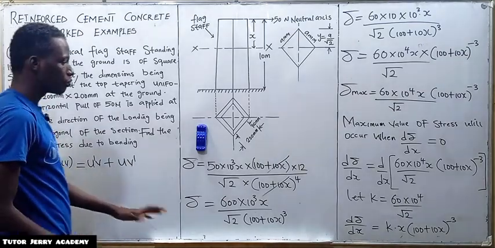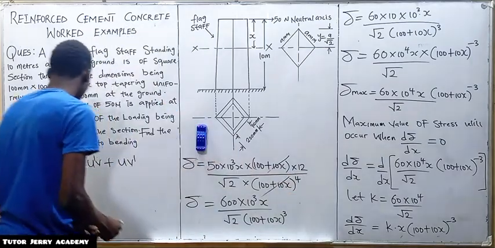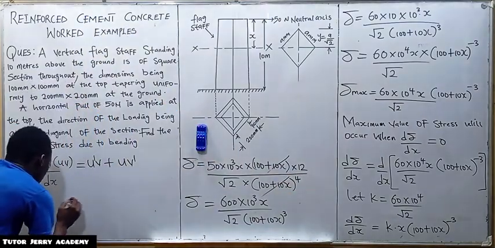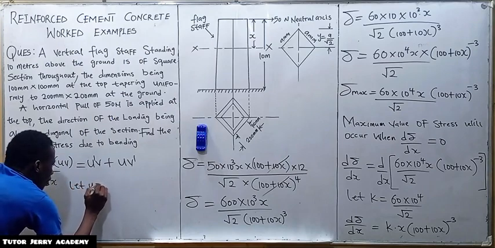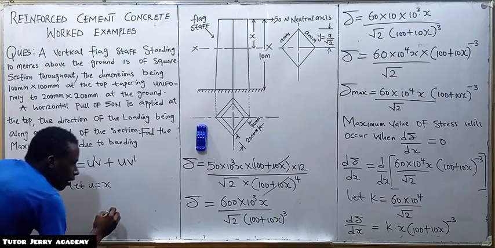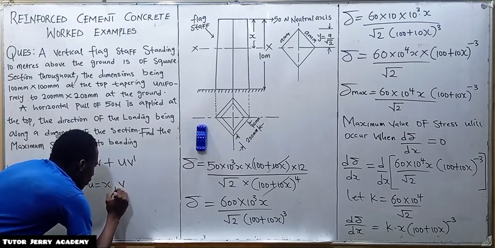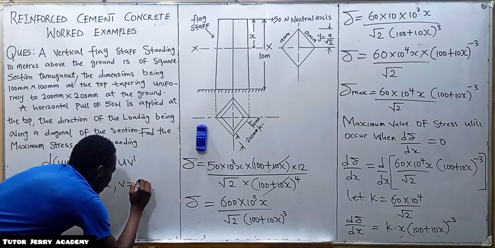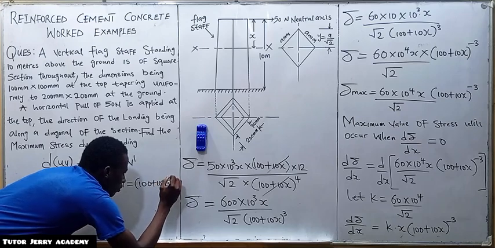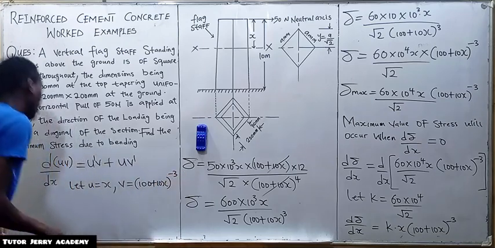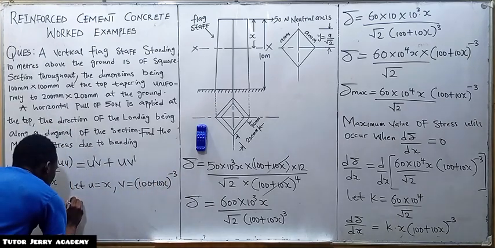Now let u be equal to x, and let v be equal to (100 plus 10x) to the power of minus 3. If we differentiate u, we have u prime.